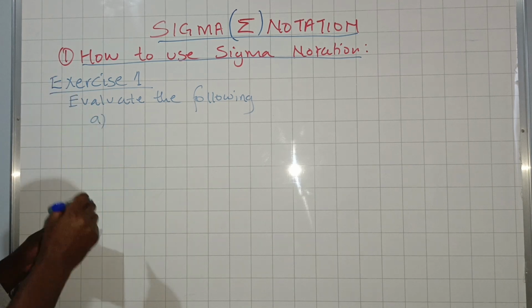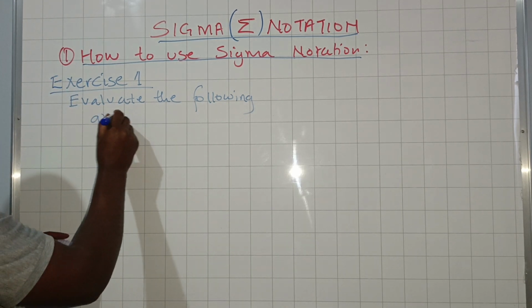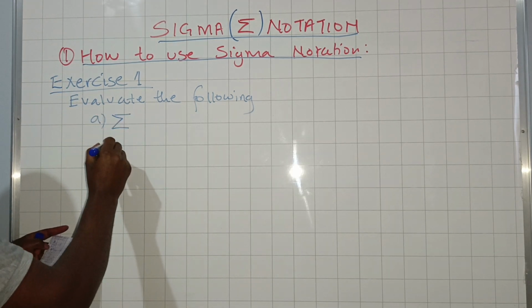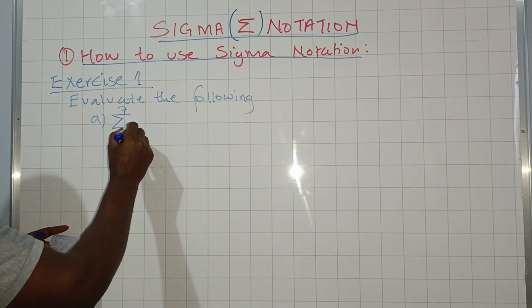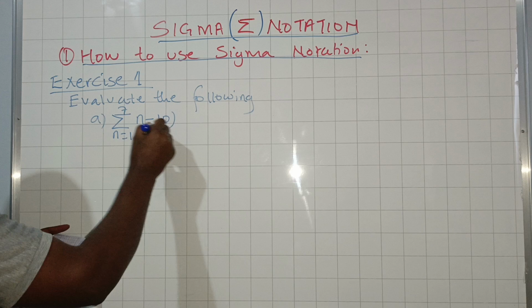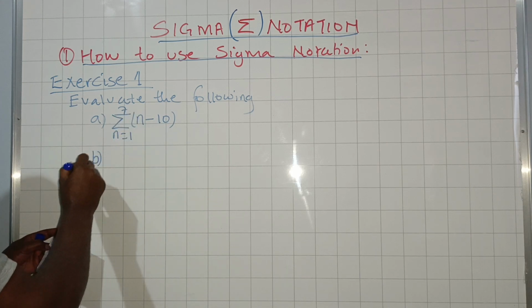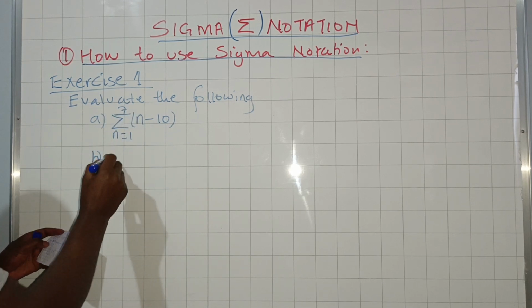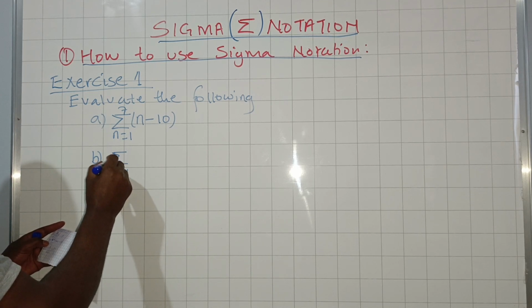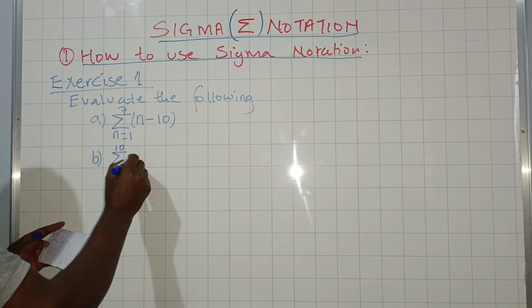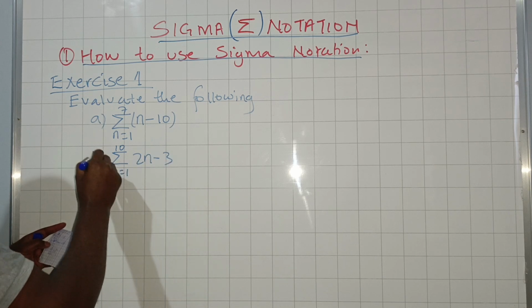A, we are going to have the summation from n equals 1 to 7 of n minus 10. Then B, we are going to be having the summation from n equals 1 to 10 of 2n minus 3.